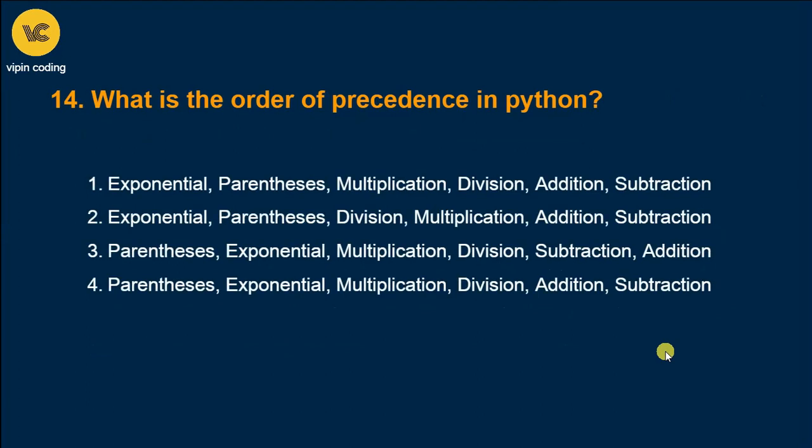What is the order of precedence in Python? What should be the order of precedence in Python? Let's see. Our options are: exponential, parenthesis, multiplication, division, addition, subtraction. Next is exponential, parenthesis, division, multiplication, addition, subtraction. Third is parenthesis, exponential, multiplication, division, subtraction, addition. Fourth is parenthesis, exponential, multiplication, division, addition and subtraction.